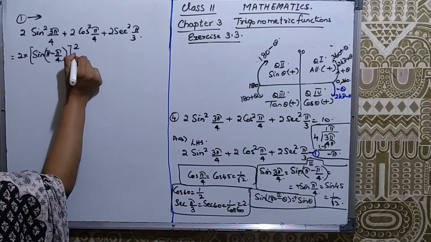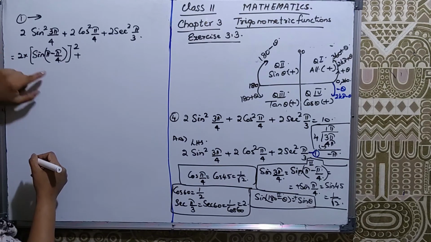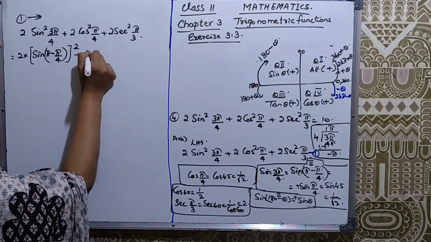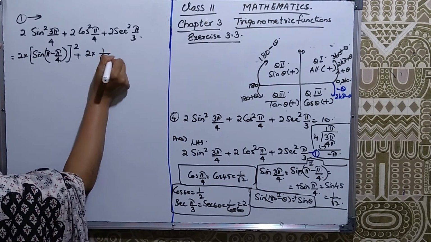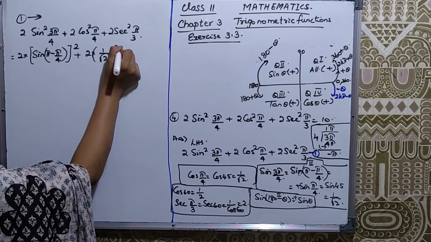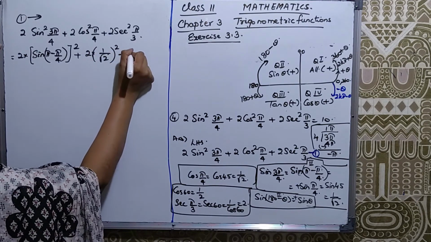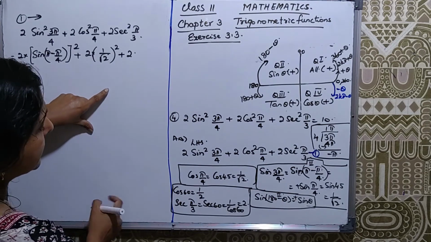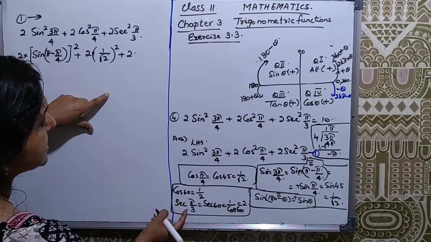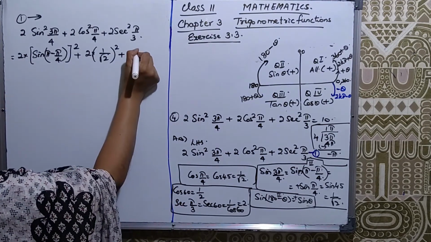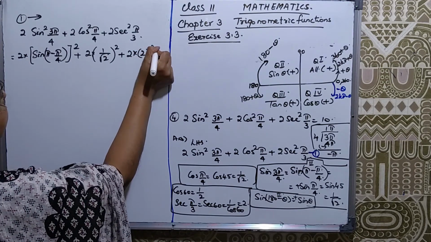Then plus 2 into cos pi by 4, which is 1 by root 2, the whole square. Then plus 2 into sec pi by 3, which is sec 60, the reciprocal of cos 60, that is 2, the whole square.